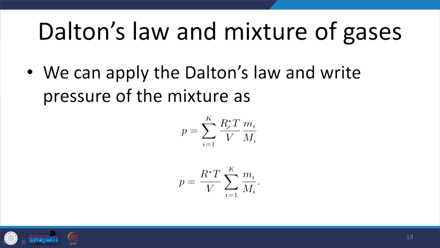Since you are working with the molecular weight, you use R star. Temperature is the same for all the gases, so you pull it out. So, the pressure is now written as R star T divided by V, sum over i from 1 to k of mi divided by Mi. So, this is eventually Ni, right.